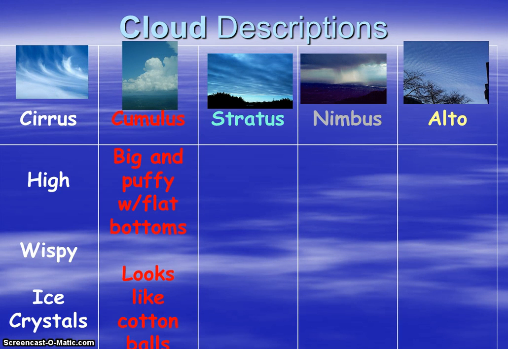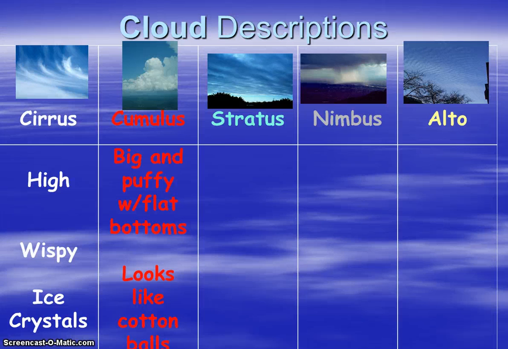Now here is our cumulus cloud information. So cumulus clouds are big and fluffy with flat bottoms. And sometimes they're described as cotton balls. They look like cotton balls.